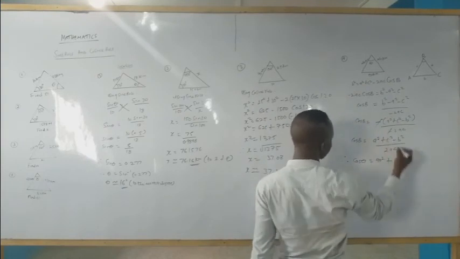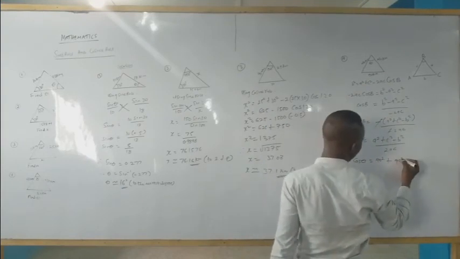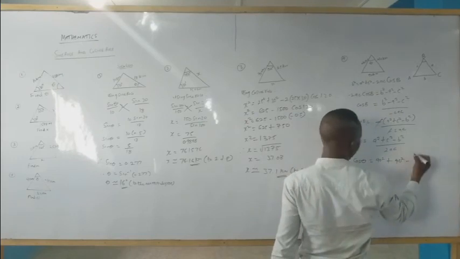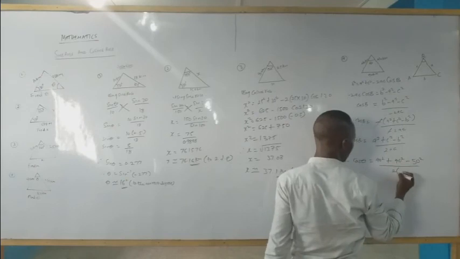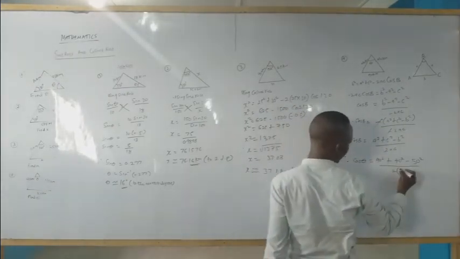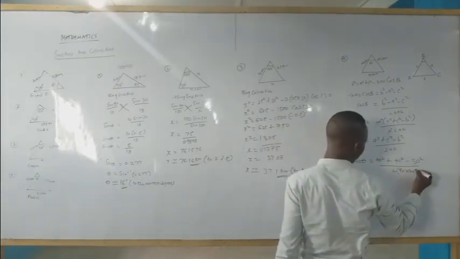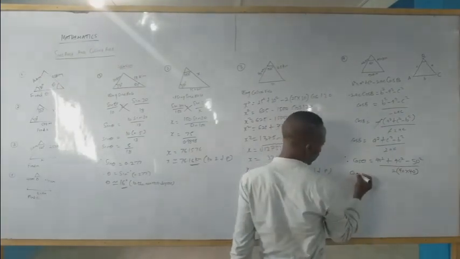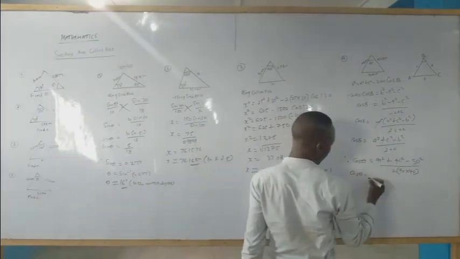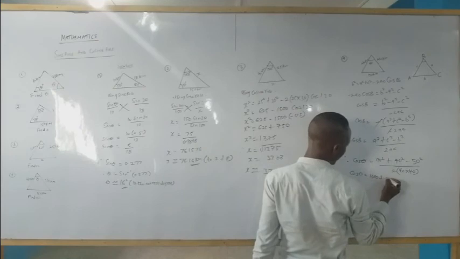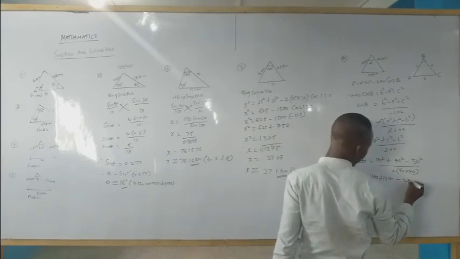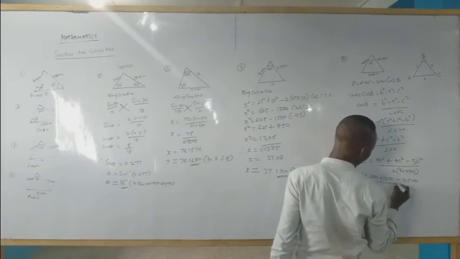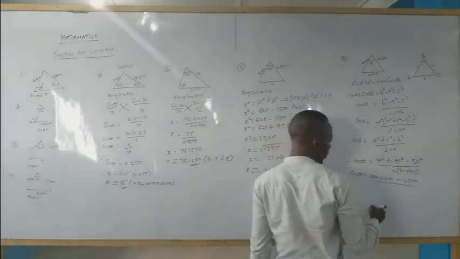What is our c? 40, minus 50 squared, all over 2 times ac. So cos theta is equal to 40 squared plus 40 squared minus 50 squared all over 2 times 40 times 40.